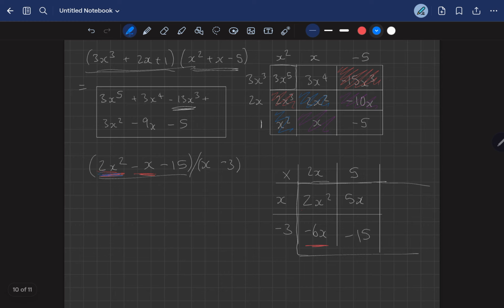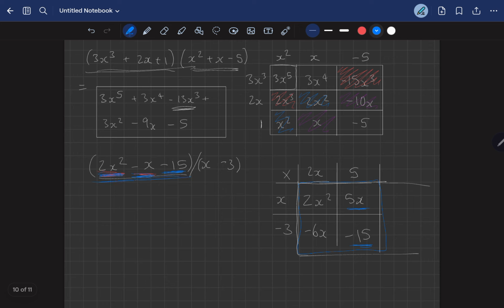We've also got the collective negative x, because 5x minus 6x makes negative x. And then we've got a negative 15 here. And it turns out we do want a negative 15, so we don't have to do anything else. Everything inside this grid adds up to this.